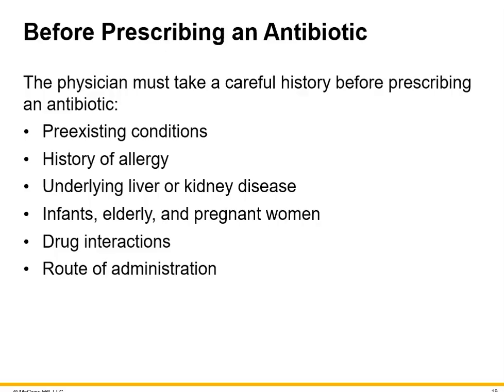Their age, are they pregnant? Are there any possible drug interactions with the medicines that they're currently taking? And what's the easiest way for this patient to take the medicine? Are they able to swallow the drugs? All these need to be taken into consideration when we're looking at what is the best option for treating an infection.